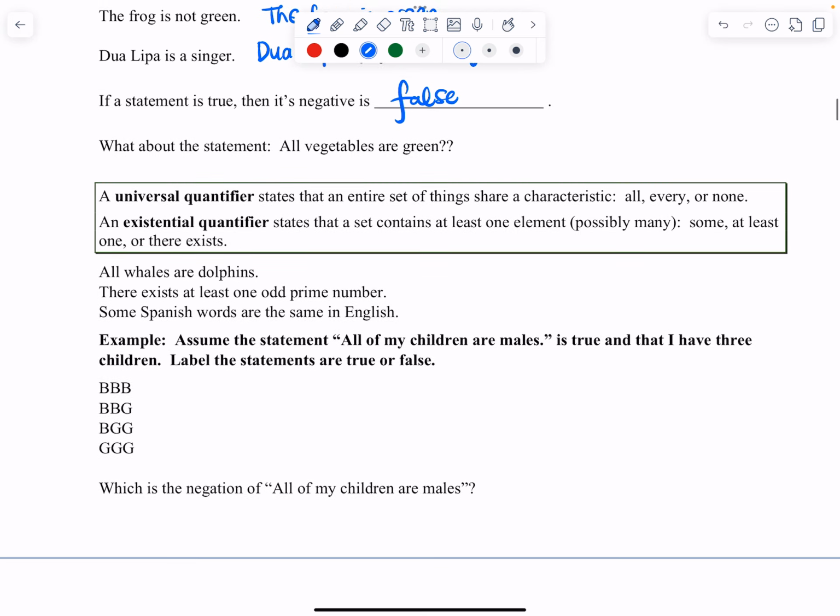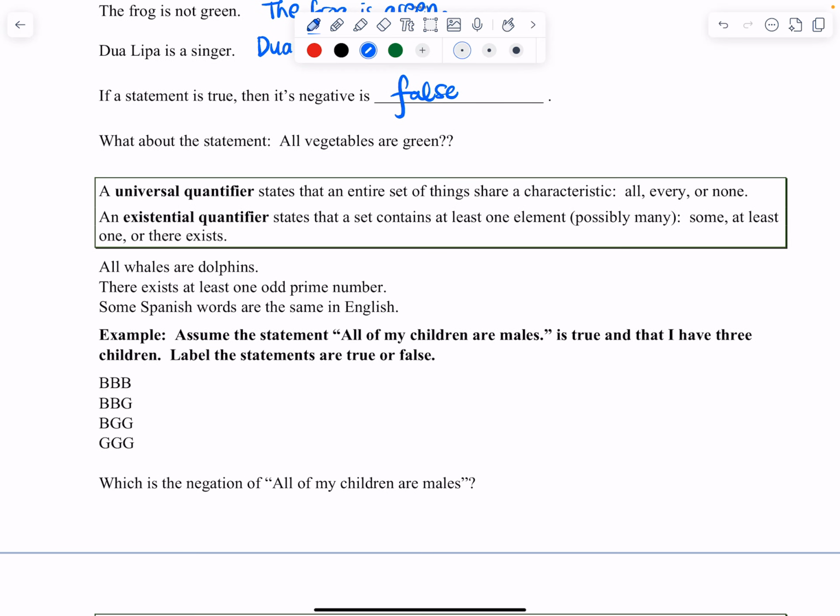So first of all, there are two types of quantifiers we're going to be looking at, one of which is a universal quantifier and the other one is an existential quantifier. A universal quantifier states that the entire set of things share a characteristic. The characteristics are all, every, or none. So universal means the universal amount of things.